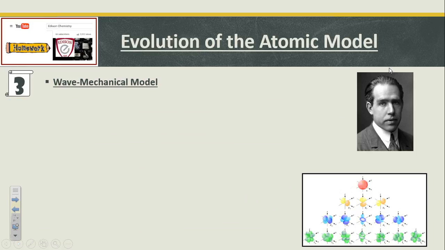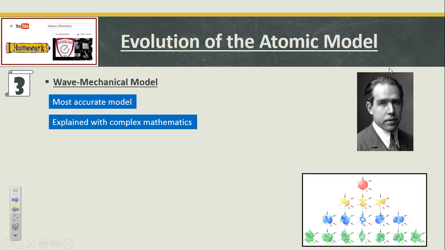The wave mechanical model is that picture. So Bohr helped create the wave mechanical model, which is our modern model of the atom. It's the most accurate, but it's also the most difficult to understand in the sense of how the electrons behave. Complex mathematics called quantum physics are what determine the shape of these orbitals and the behavior of the electrons in them.